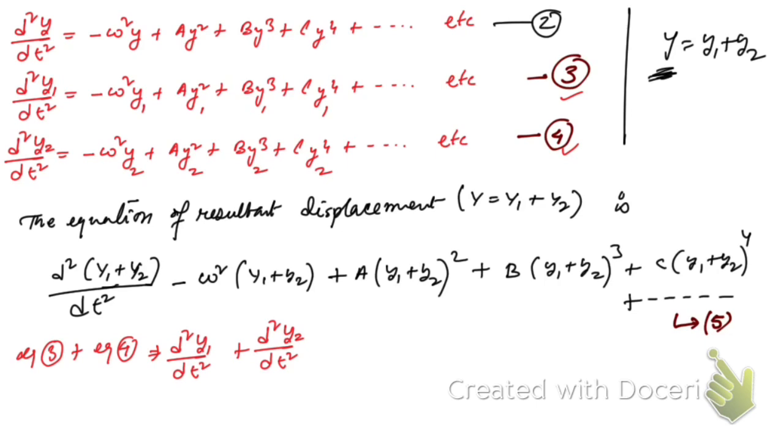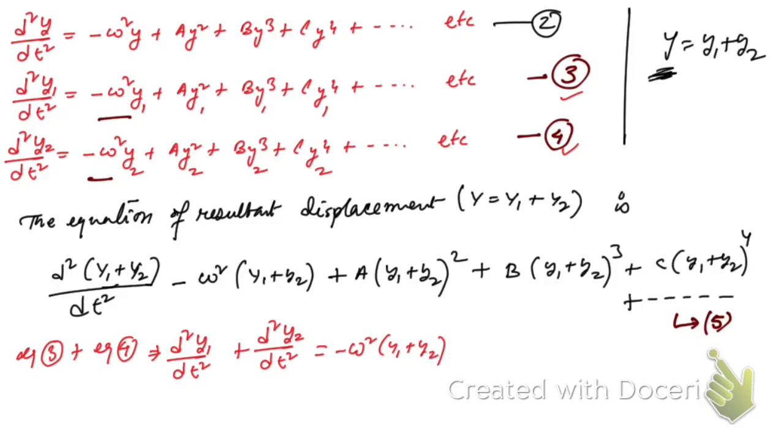Then on the other side, if you add this one and this one, you can take this term common, then you are going to have minus omega square into y1 plus y2.